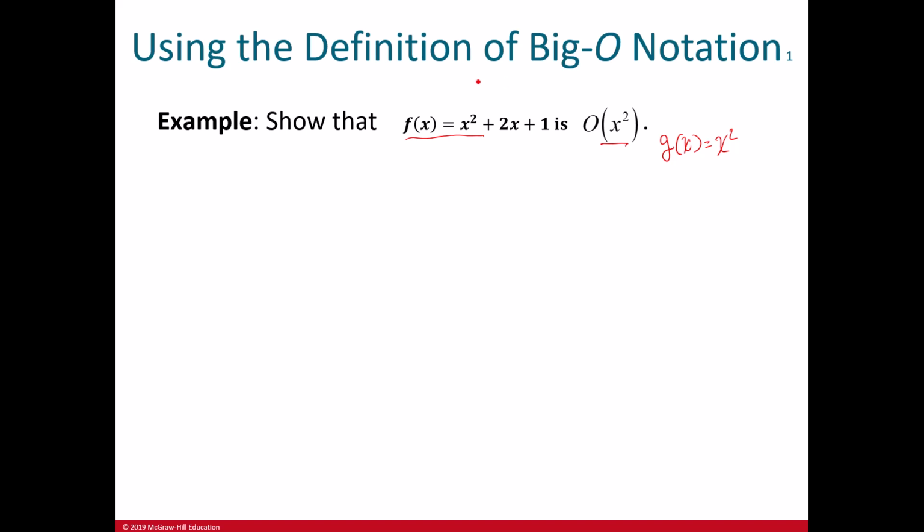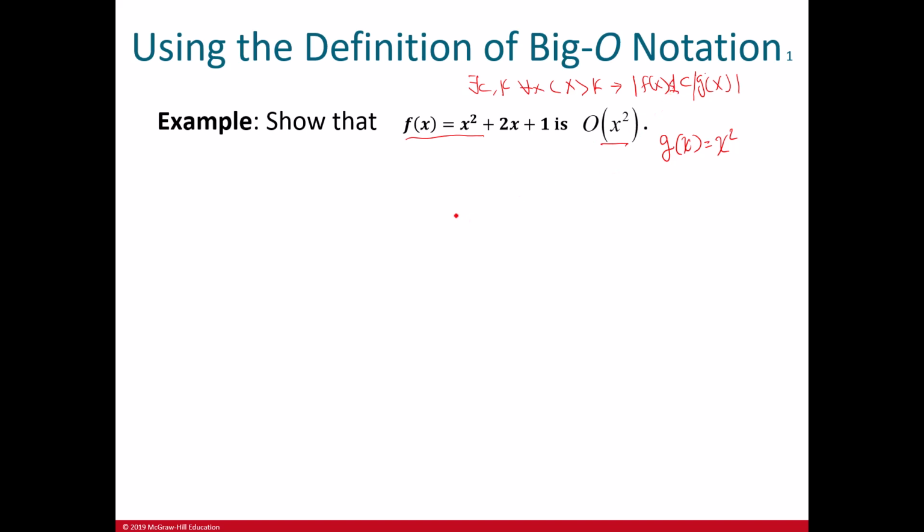Remember, the definition says there exist c and k, and for every x, if x is greater than k, then the inequality holds, which really just says there is some constant c, a constant multiple of this function, such that f is less than or equal to it.